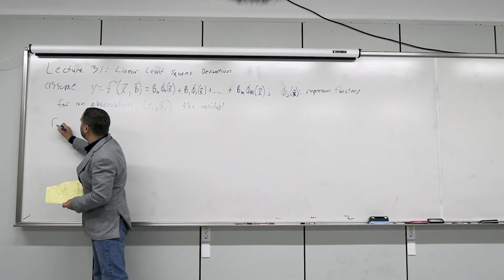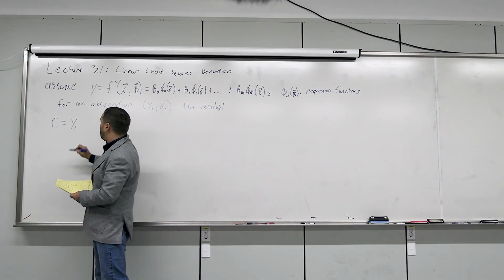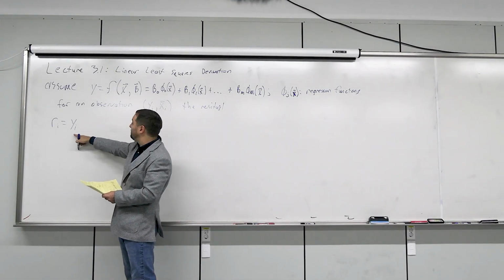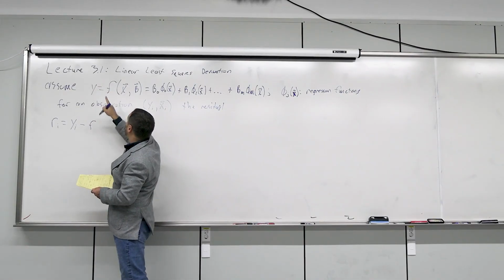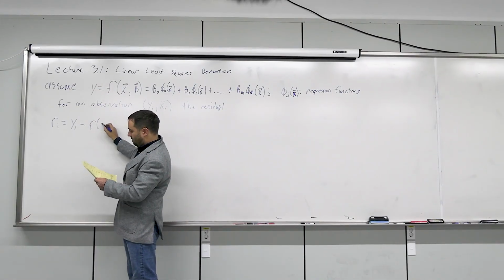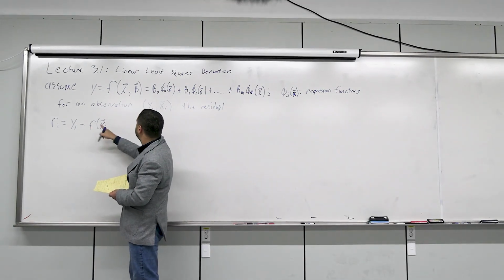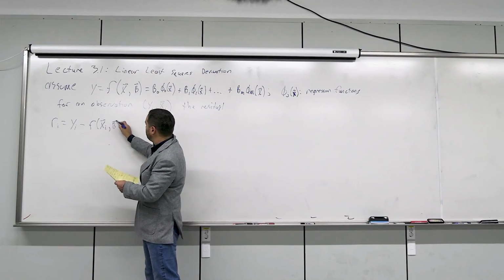I'm going to use R_i equals y_i, our measured output variable or dependent variable, minus our regression function evaluated at our input x_i, comma beta.